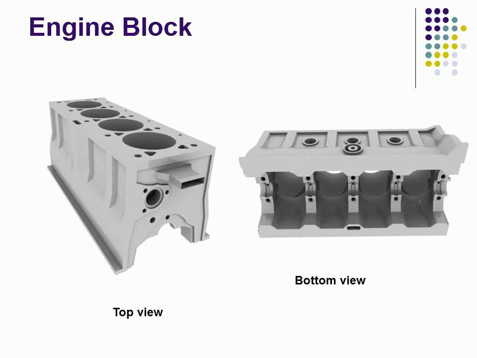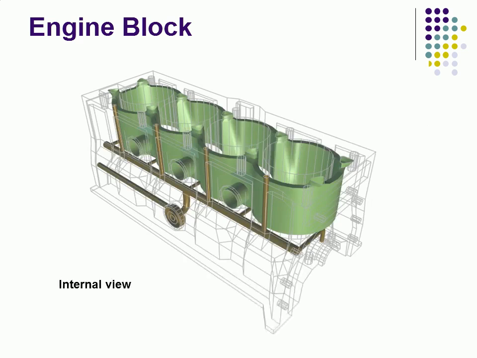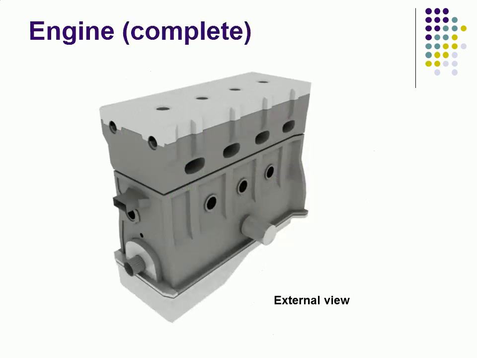This is the picture of engine block. Both the views are included, top view and bottom view. This picture gives you the internal view of engine block. When engine is completely assembled, it looks like this.